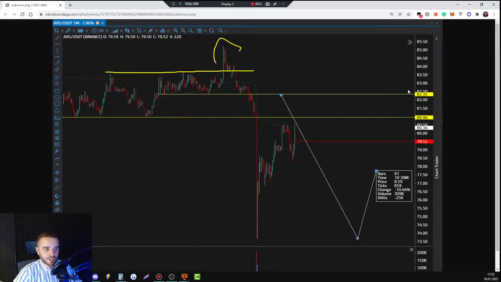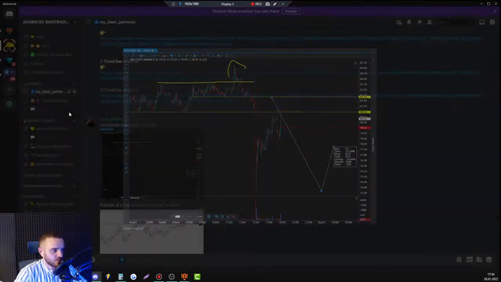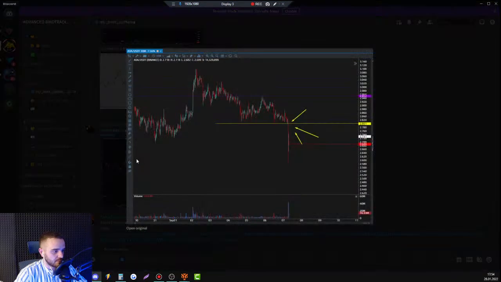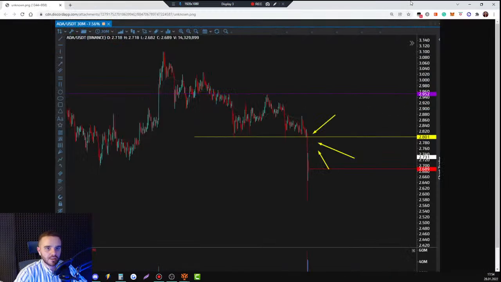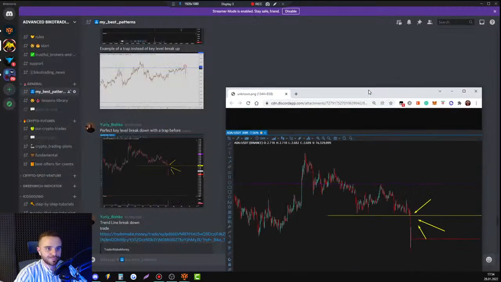Do you see? Notice, Nolly, my friend. An example on Axis or an example on ADA. Let's have a look at ADA first, and after that check the Axis example.